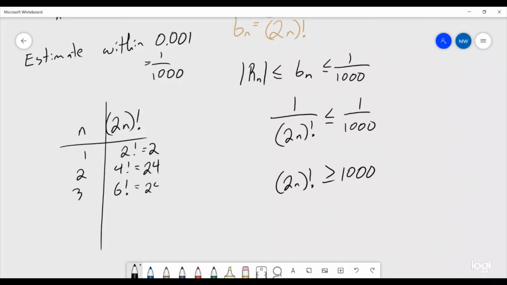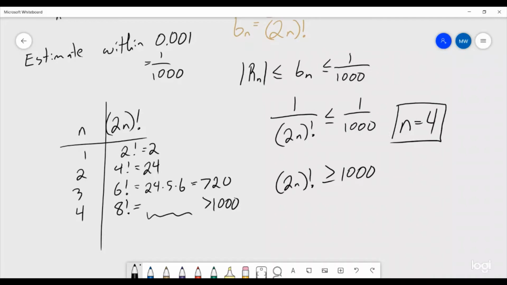So that's 24 times 5 times 6 equals 24 times 30 equals 720. So that tells us that 8 factorial, for n equals 4, is going to be much bigger, and whatever that is, this is something that is bigger than 1,000. So that tells us that we can estimate it pretty accurately, let n equal 4.